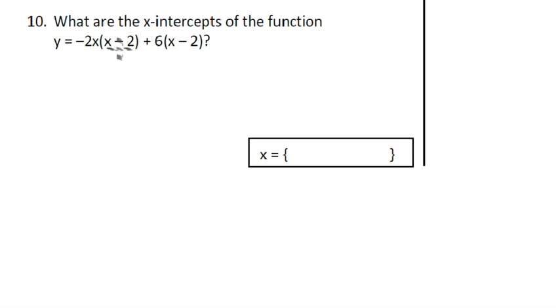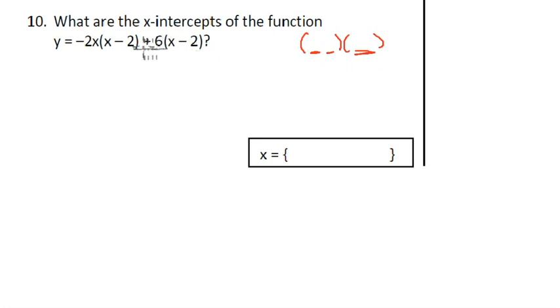If you take a look at this, we have a binomial that is the same, and then we have two coefficients multiplying each of those binomials.